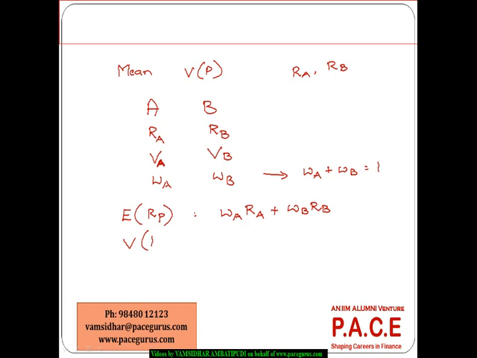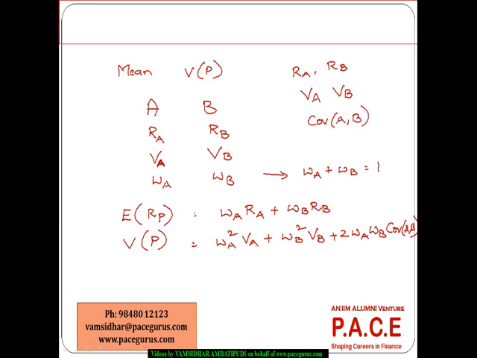Then if I have to find out the variance of the portfolio, the formula is WA squared times the variance of A, plus WB squared times the variance of B, plus 2 WA WB times the covariance between A and B. Now this is clearly saying that to compute the variance of the portfolio, I require the variance of the individual securities as well as the covariance, which is a pairwise value between A and B.